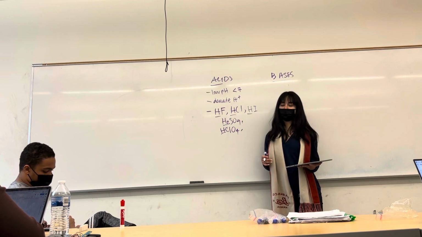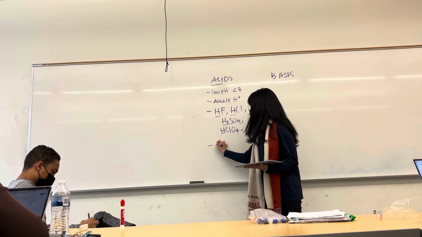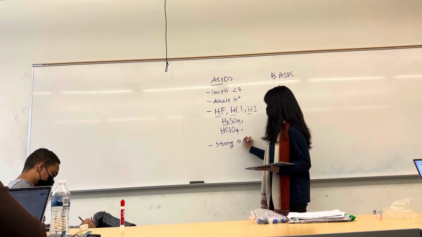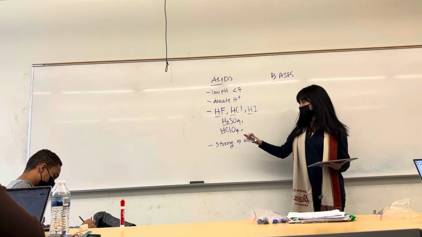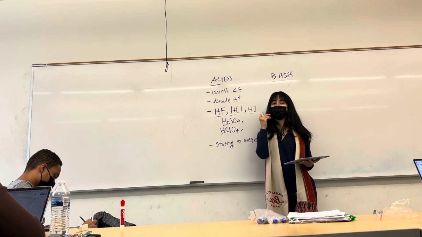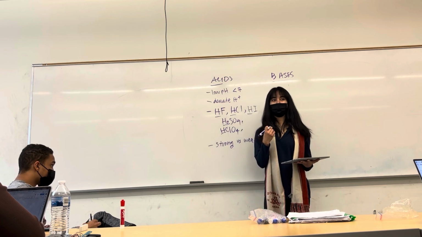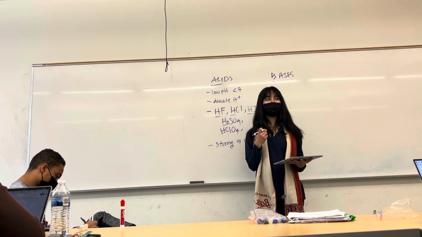Now, the other thing with acids is that they come in two forms. They're either strong or they're weak. I can briefly talk over this, but what do you think when I say strong acid? Something that burns through.